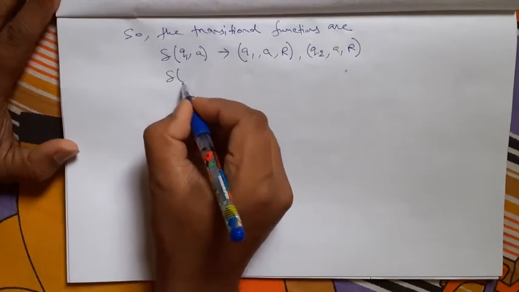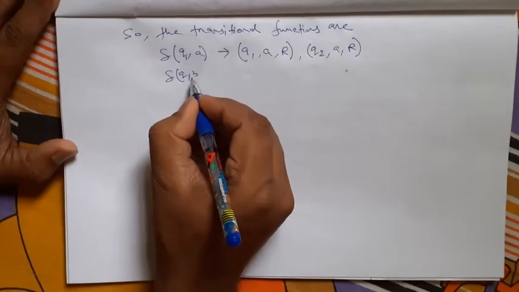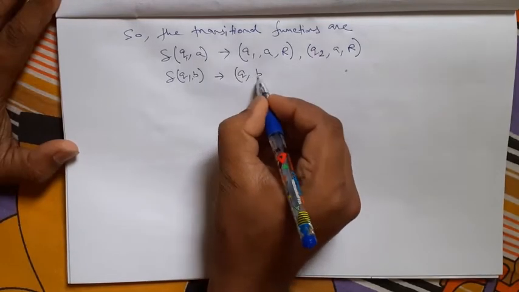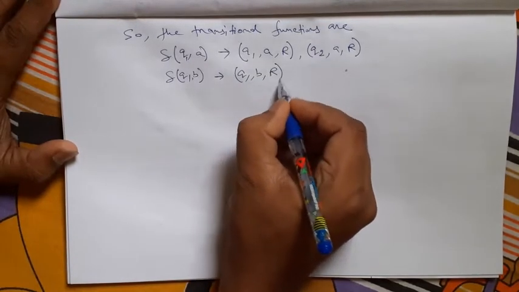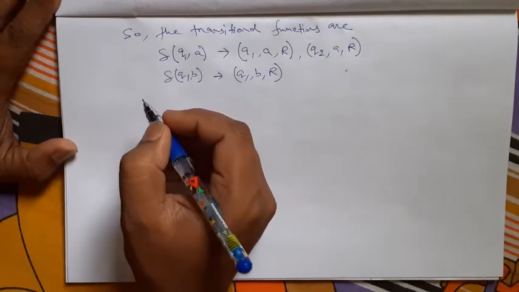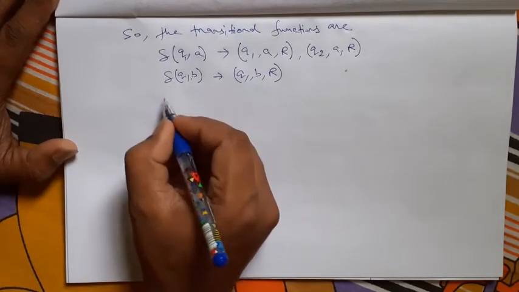then delta of q1 comma b is q1, b, right.